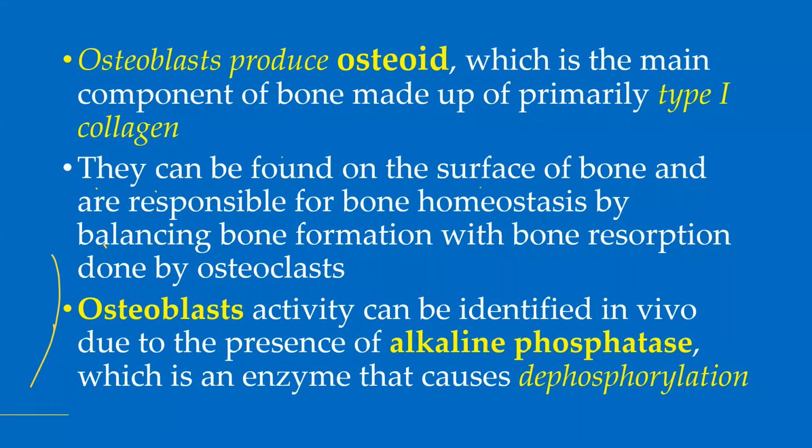They can be found on the surface of bone and are responsible for bone homeostasis by balancing bone formation with bone resorption done by the osteoclast. The osteoblast activity can be identified in vivo due to the presence of alkaline phosphatase, which is an enzyme that causes dephosphorylation.